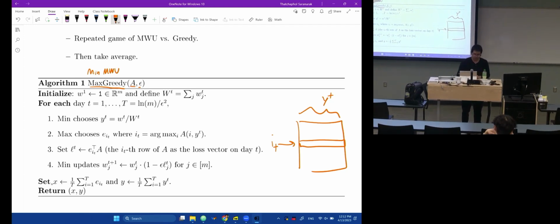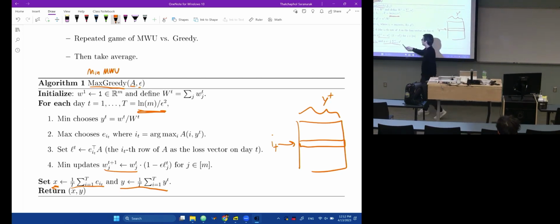And once you have gone through this iteration, once the weight is updated, then go to the next day and repeat. After you have repeated for some days, like log n over epsilon, the max player just takes the average of everything that he has chosen so far. The min player just takes the average of the strategies that she has played so far, and we just return the pair x and y.